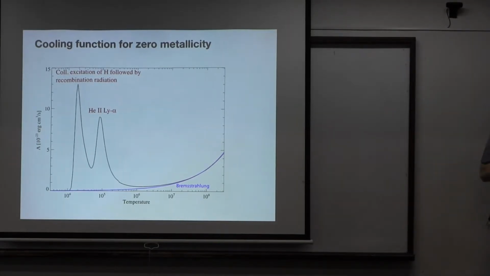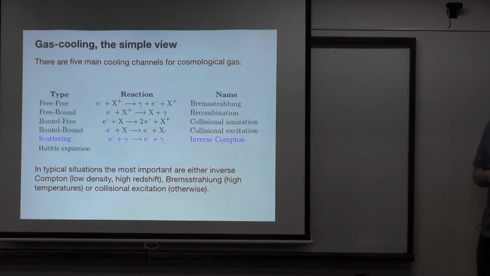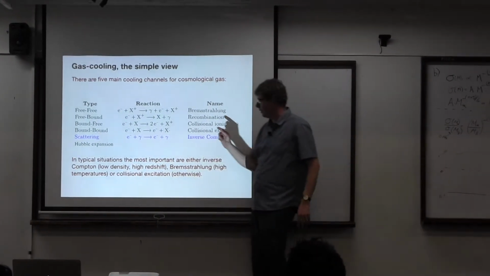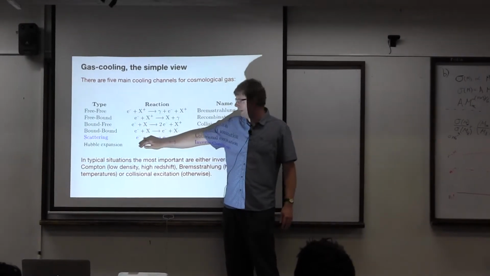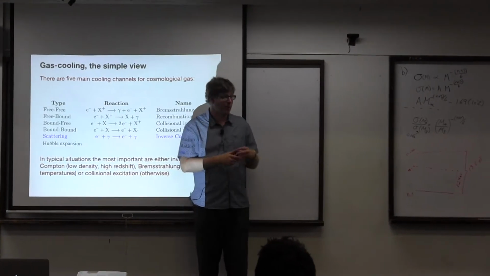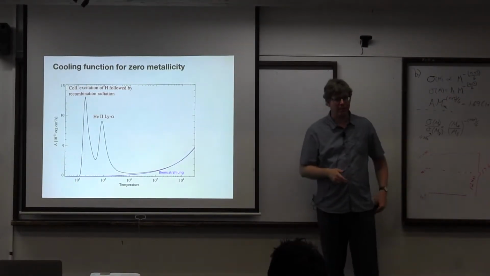Well, what I said, and I'm not going to let you go until you remember that, is that the main cooling mechanism in sort of galactic gas is bound-bound cooling. So it's things where you excite an atom. Okay, so what happens then?